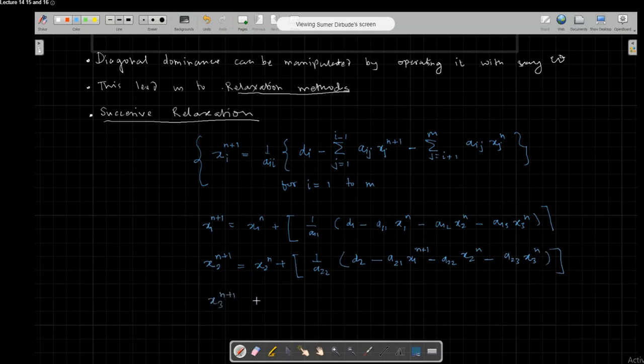And x3^(n+1) is equal to x3^n plus 1 over a33 times d3 minus a31 x1^(n+1) minus a32 x2^(n+1) minus a33 x3^n.